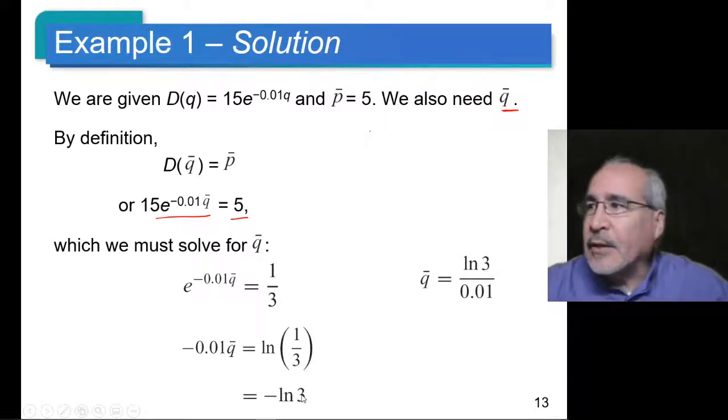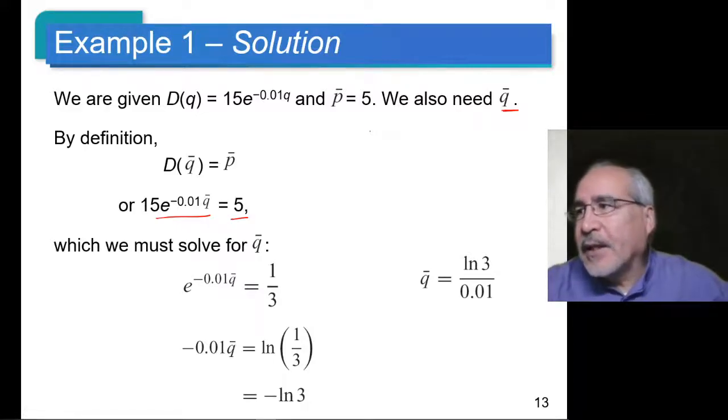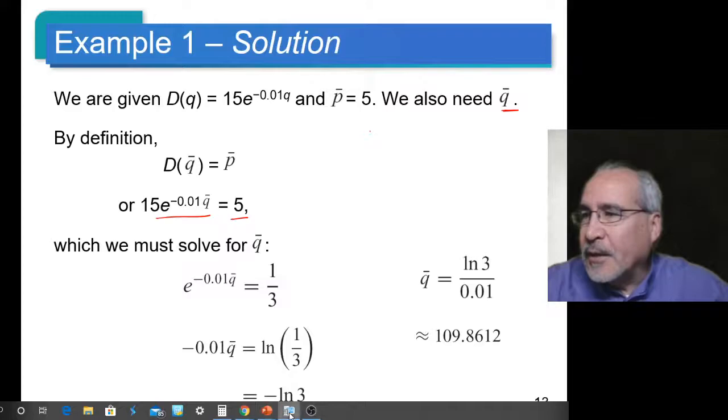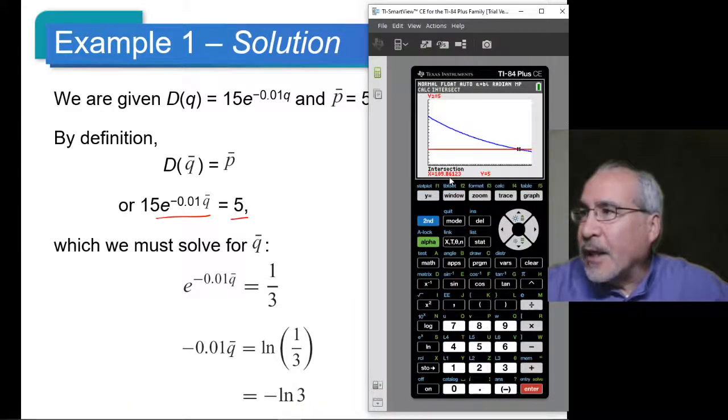I don't know why they need to do that, but it just helps them over here. I would have just put natural log of 1/3 into my calculator. That would be okay. Notice we divide by negative 0.01, and the negative is gone now. So this is what Q bar is. When you take natural log of 3 divided by 0.01, you get 109.86123. That's what we got.